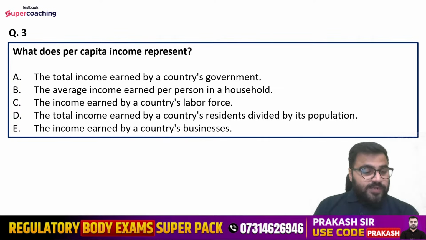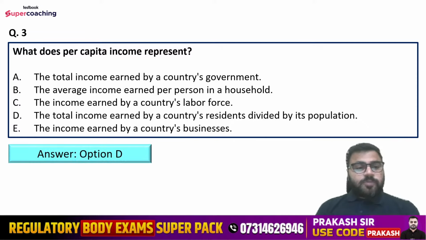Yes, everyone, do let me know what is the right answer, guys. What does per capita income represent? Yes, guys, do let me know. Sasti, हाँ जी बताइए. What do you think? What can be the right answer here?